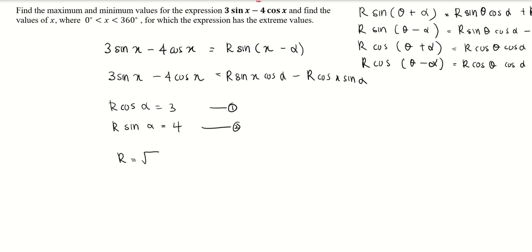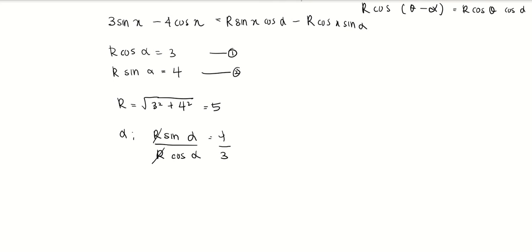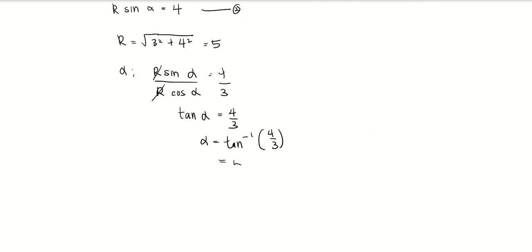So r is the square root of 3 squared plus 4 squared, so this is 5. And for alpha, we take r sin alpha equals 4 divided by r cos alpha equals 3. So this becomes tan alpha equals 4 over 3. So alpha is arctan 4 over 3, which is 53.13.